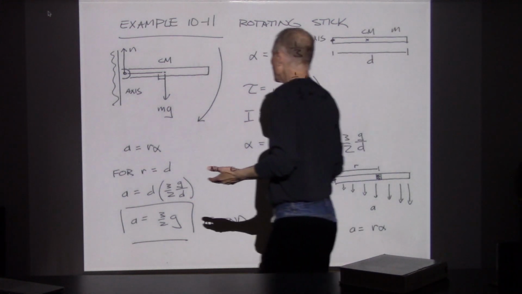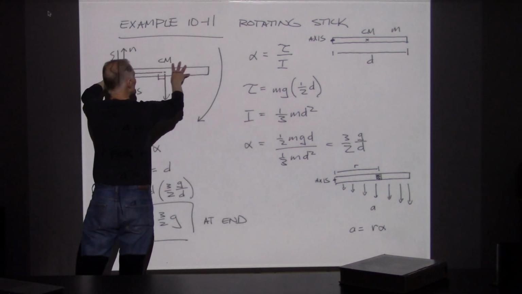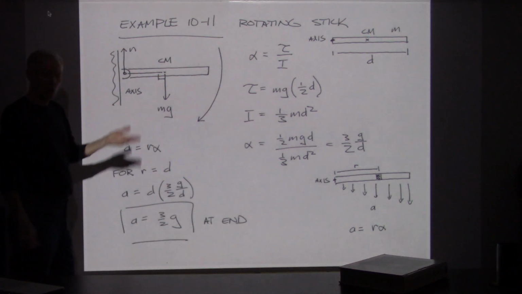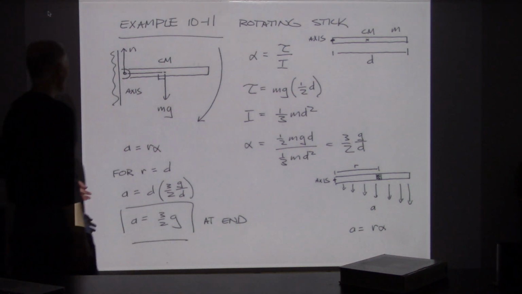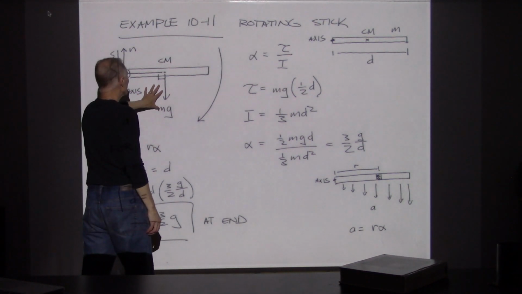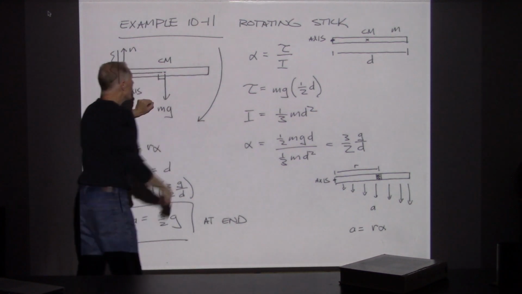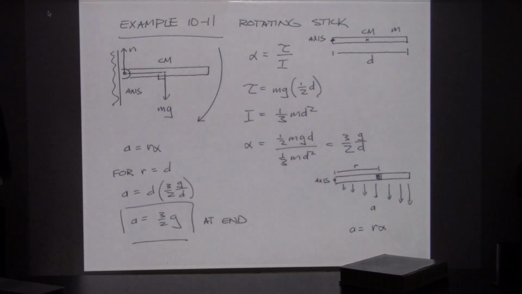How is that possible? What's happening here is when you're part of a collective object like this, you have to look at the overall torque and the overall rotational inertia. There's enough torque that some parts of this stick, as they rotate down, are actually going to get pulled down because they're part of the stick at large.